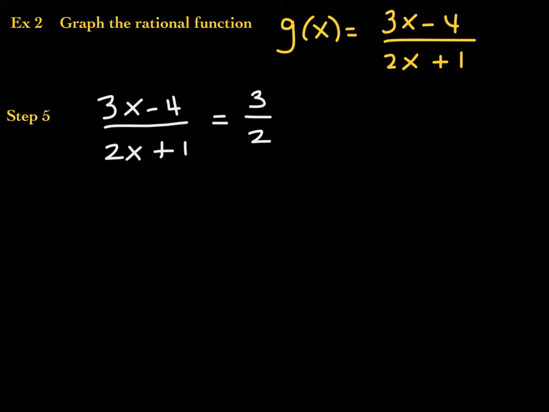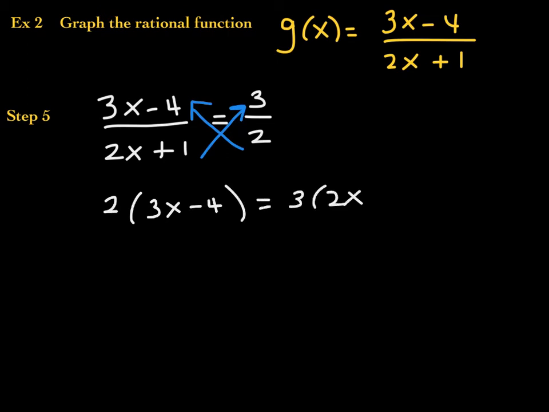Solve this equation to determine whether the graph crosses the end behavior asymptote. What I'm going to do to solve this equation, and there's multiple things you can do, is cross multiply. So when I cross multiply, I get 2 times 3x minus 4 must be equal to 3 times 2x plus 1. Okay? And now I will distribute the 2 on the left, and on the right I'll distribute the 3.